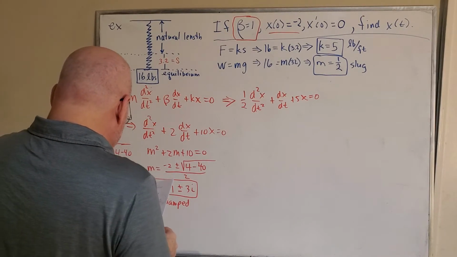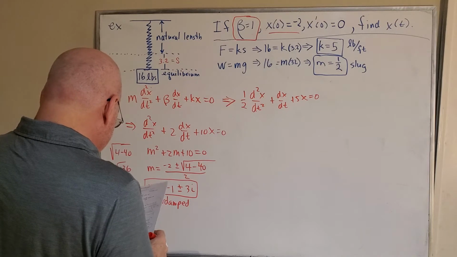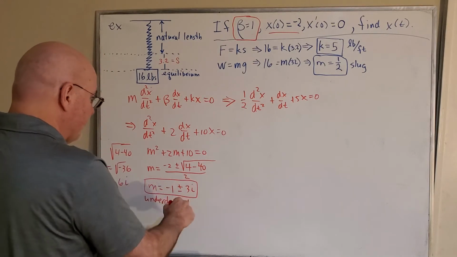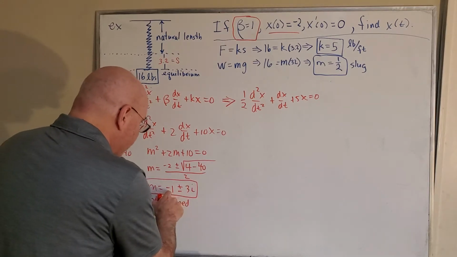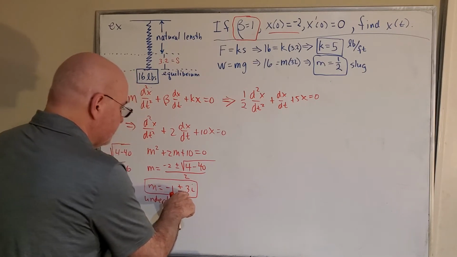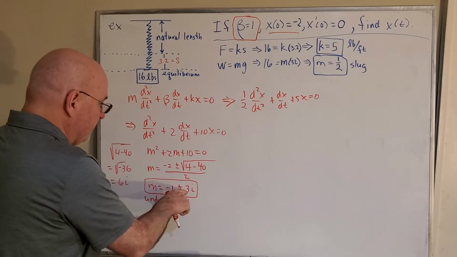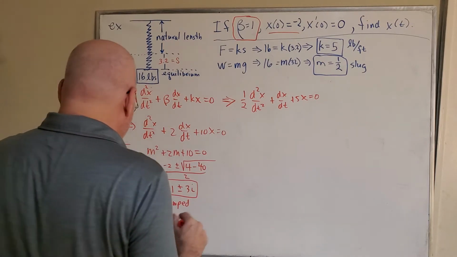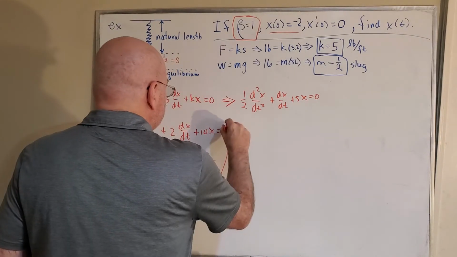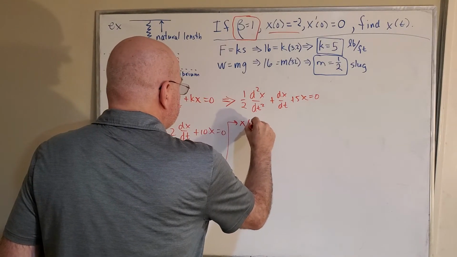All right. So I know how to write the solution now because of this. Remember, that's our A and that's our B. A is -1, B is 3. It's going to be e to the 3t. So we get the solution.